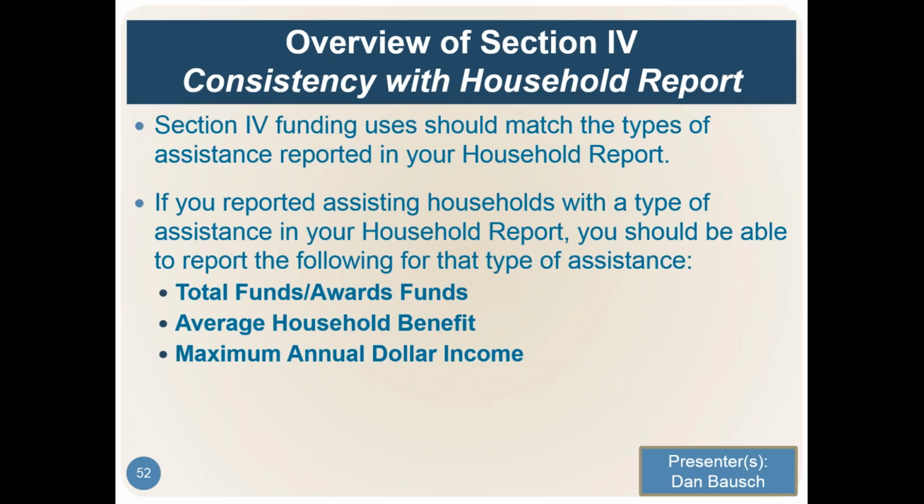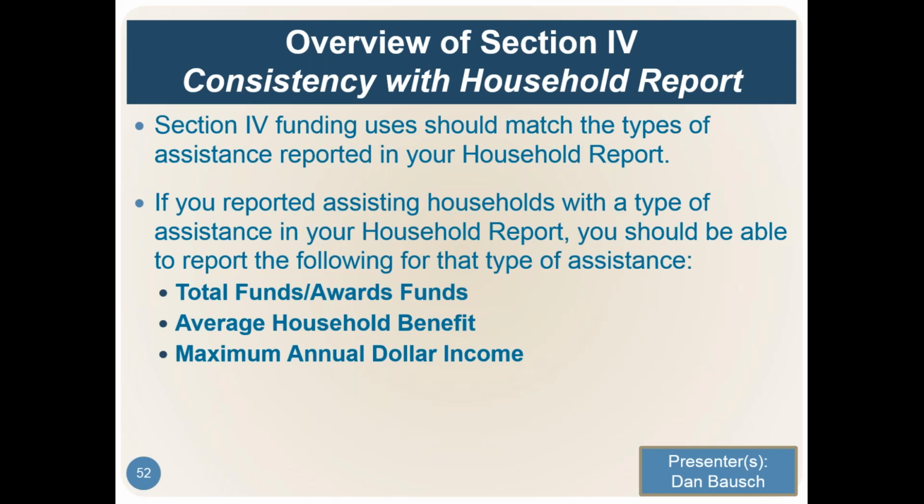In Section 4, you're reporting how you used funds, and in your household report, you report on households that received assistance, so received the benefits of those funds. So Section 4 of your grantee survey should have information that's also consistent with your 2018 household report. Here's an example.